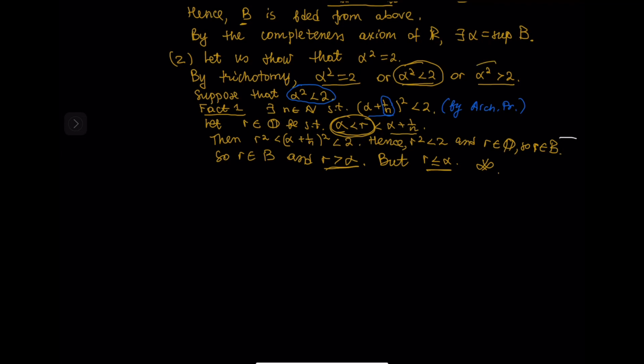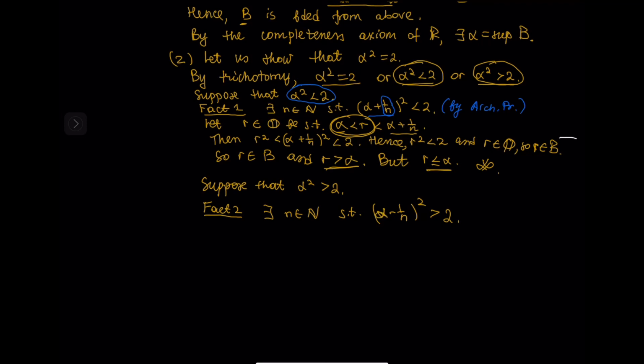Now let us assume that alpha squared is larger than 2. Then fact 2: there exists a natural number n such that (alpha minus 1 over n) squared is still larger than 2.